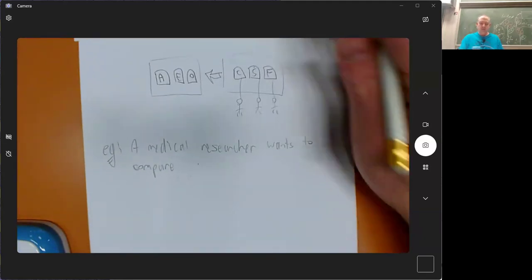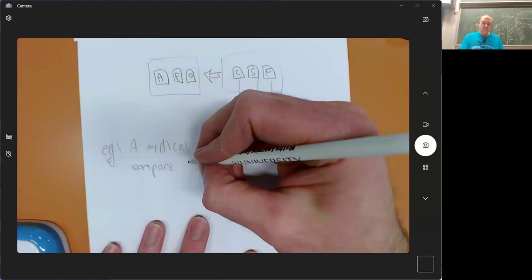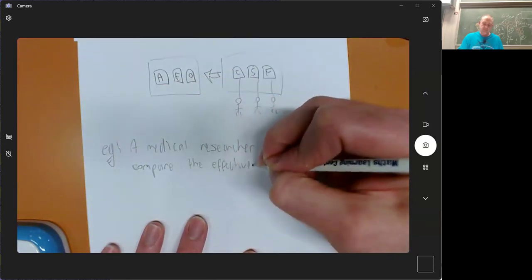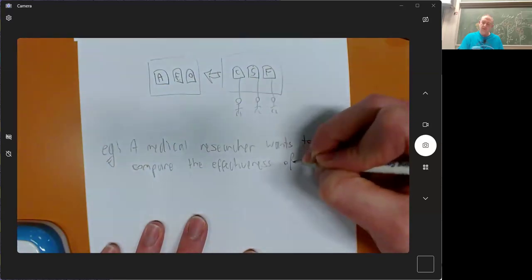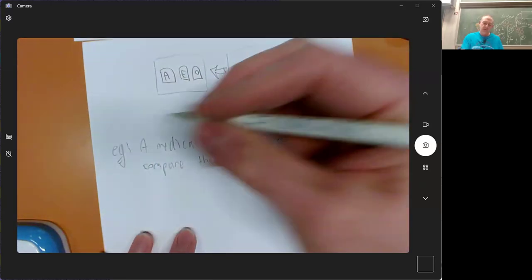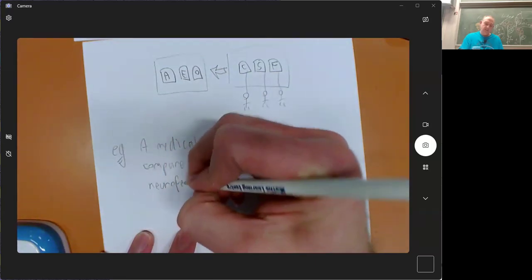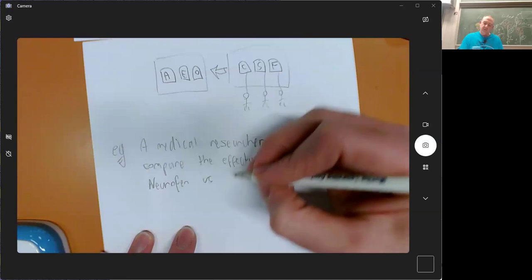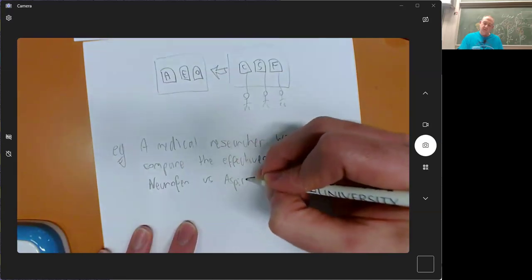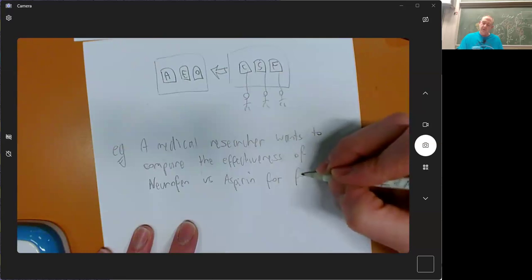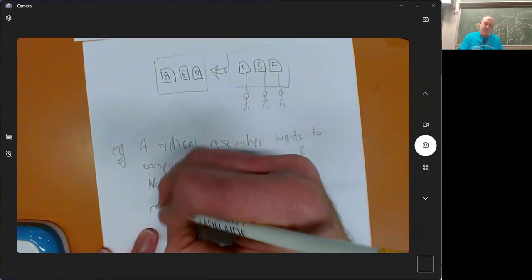Medical researcher wants to compare the effectiveness of Nurofen versus aspirin for fever relief.